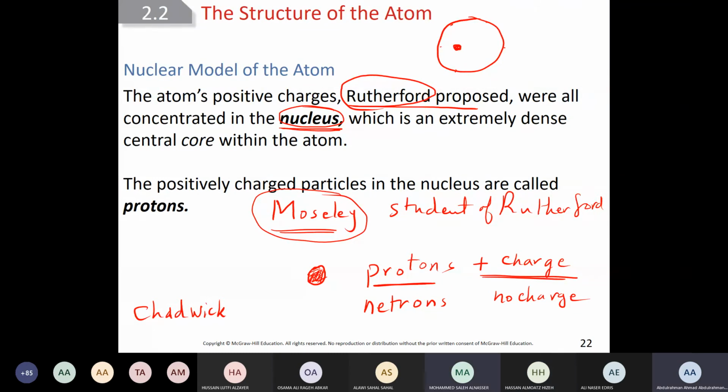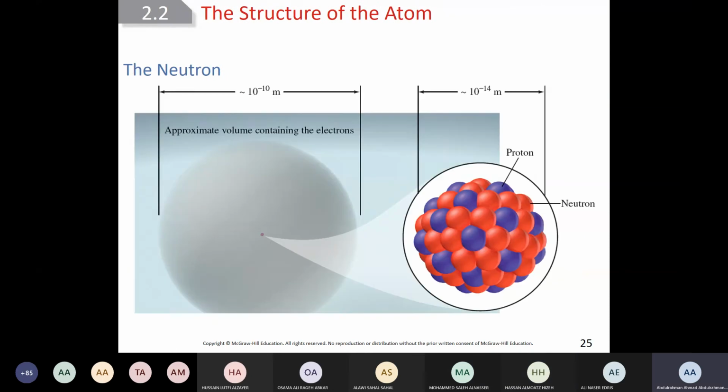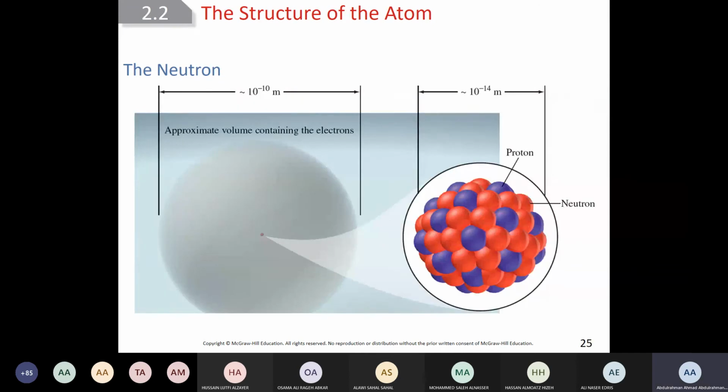This was the name of the scientist Chadwick. That there are neutrons and they have no charge. Is this clear? Neutral. Good. So that's the name of Chadwick, by the way. From this, we found the shape of the atom.